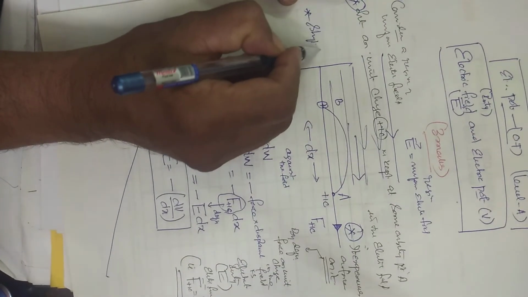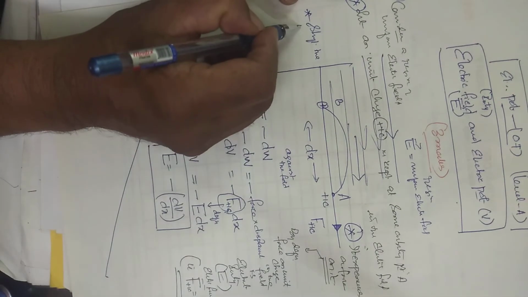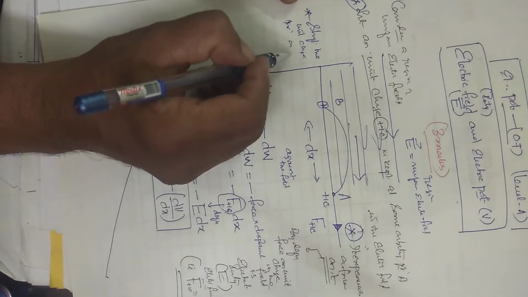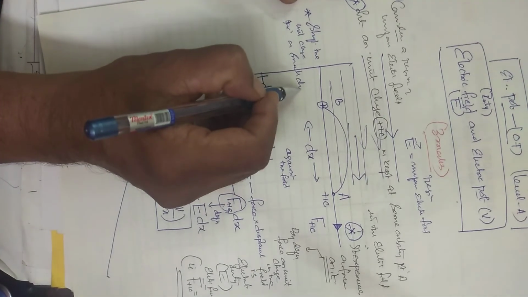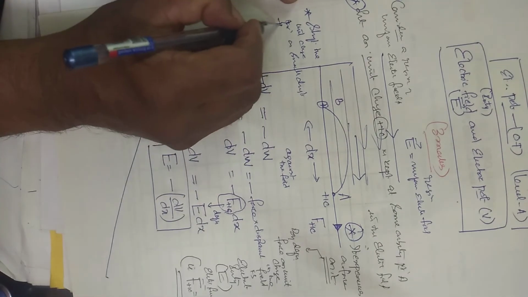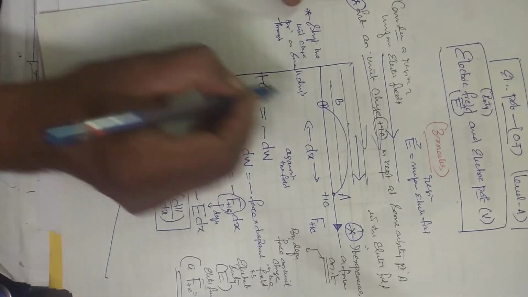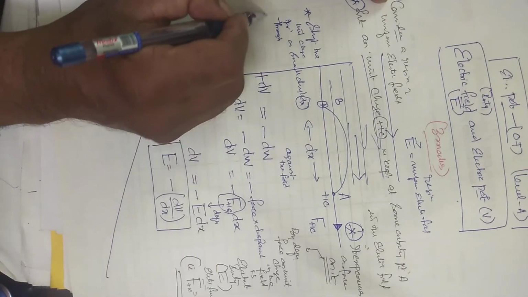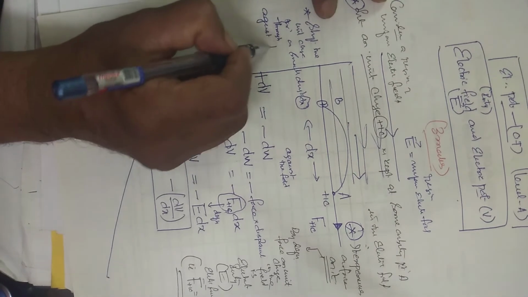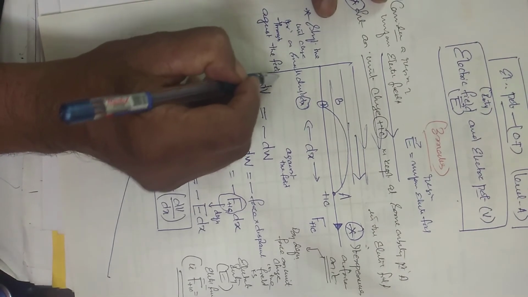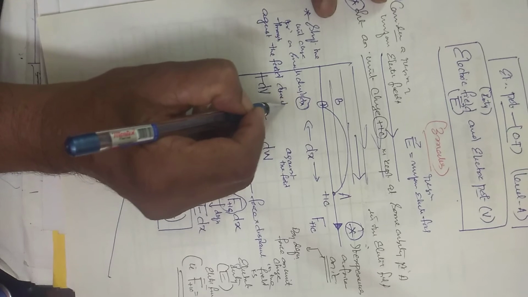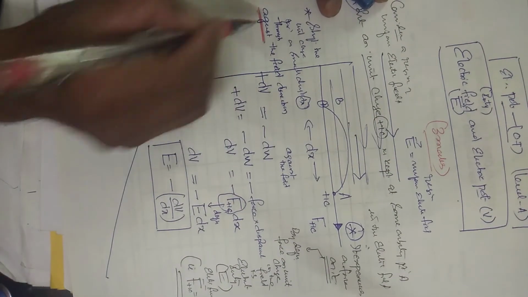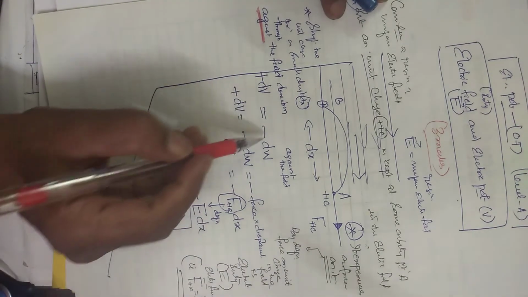Now shift the unit charge through a small distance dx against the field direction. See here, this word against is important. You are doing work against the field direction.